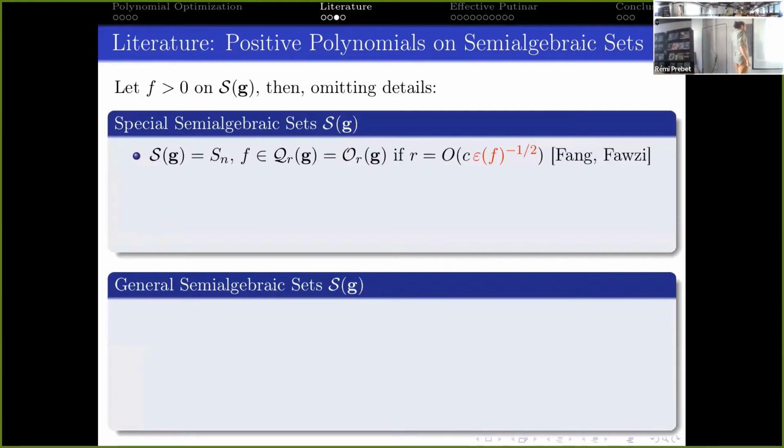Let's recall some results on special semi-algebraic sets. We have our f, which is strictly bigger than 0, and I will omit a lot of details, so don't take this slide literally, look at the papers.